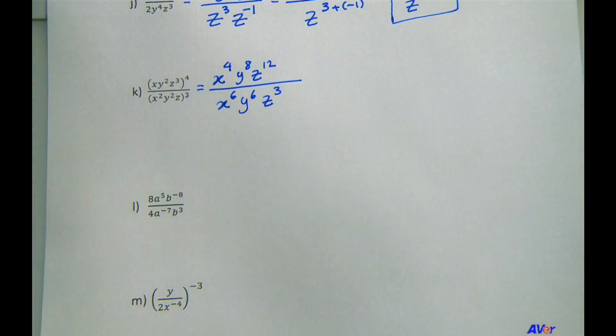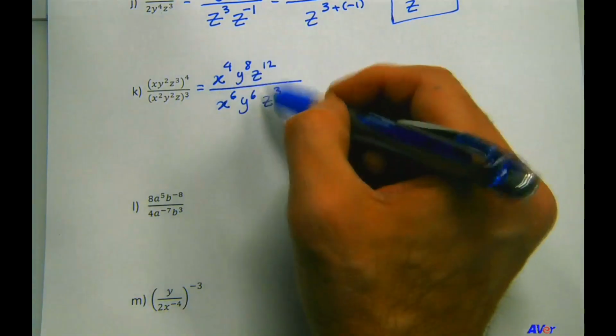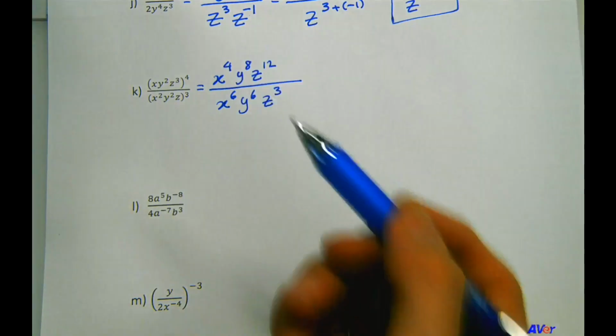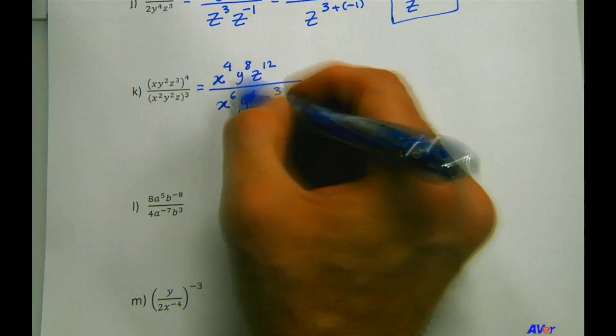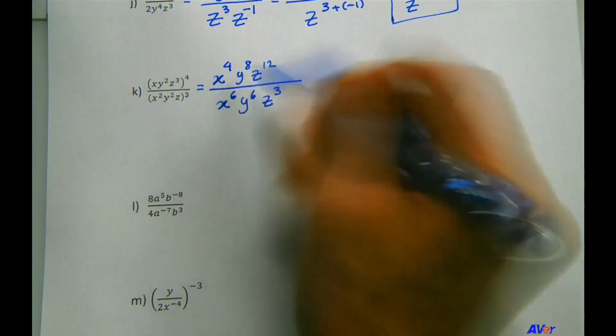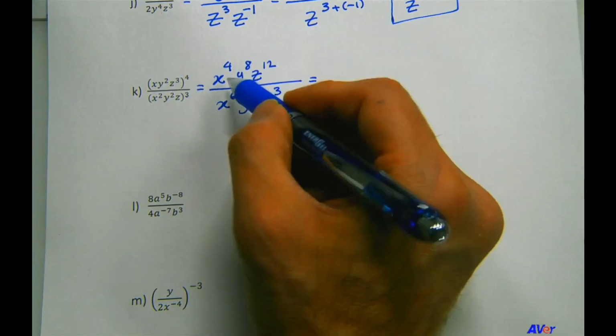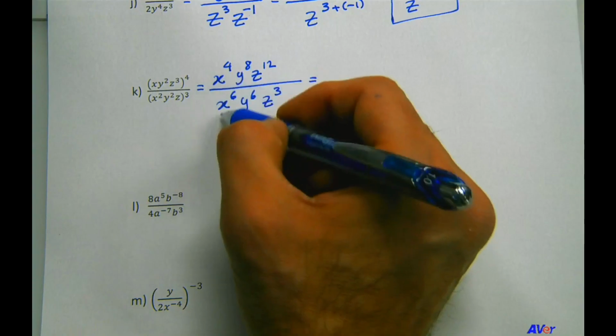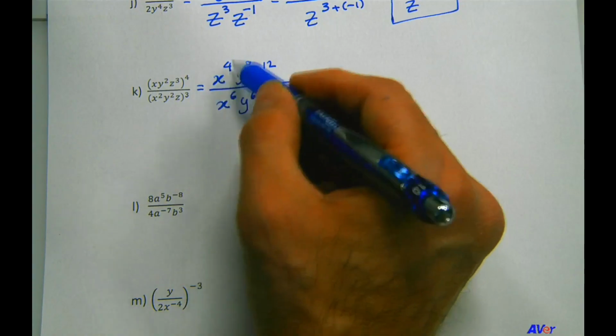Okay, so now we have x, y, z in both the numerator and the denominator, right? So we need to combine these. And to do that, we're going to have to move things around. So starting with x, which way would you move the x terms? Would you move x to the 4th down or x to the 6th up?